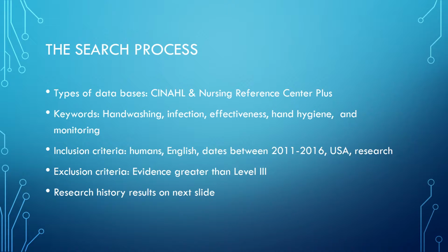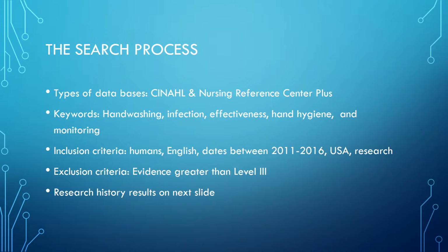In my evidence-based search process, the databases I used were CINAHL and Nursing Reference Center Plus. Some key words that I used were hand washing, effectiveness, infection, monitoring, and hand hygiene.